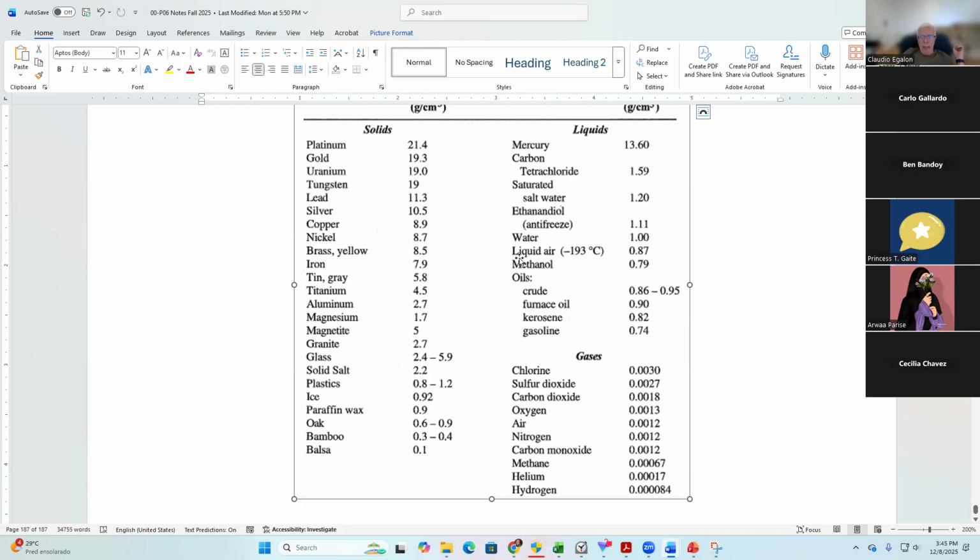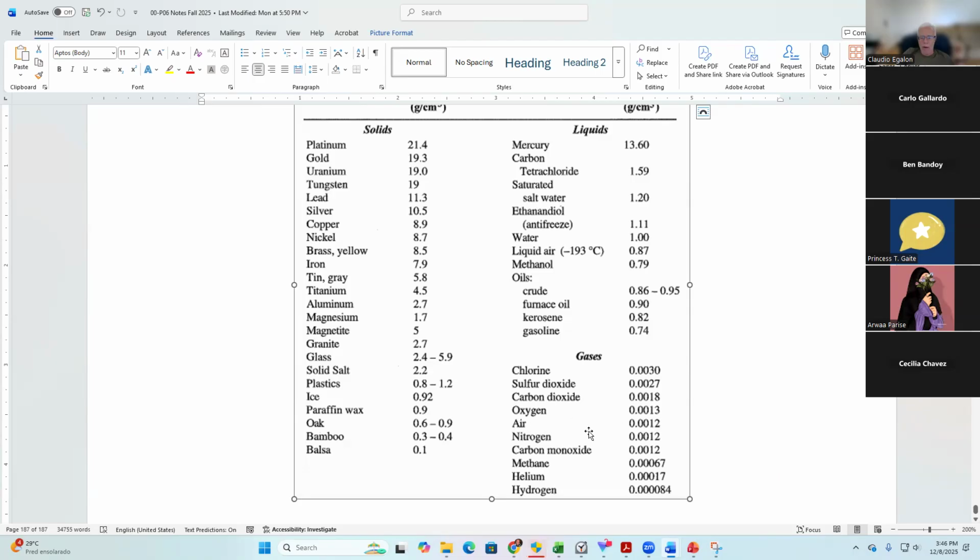If you cool down the air to minus 193 degrees C, air becomes a liquid with a density just slightly below the density of water, 0.887. Methanol, oils, gases, air. Here you go.